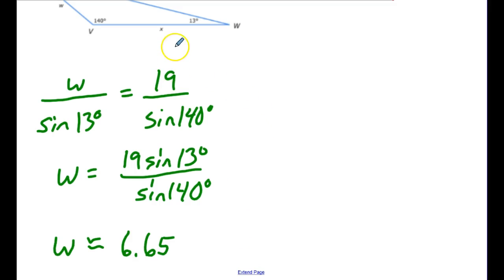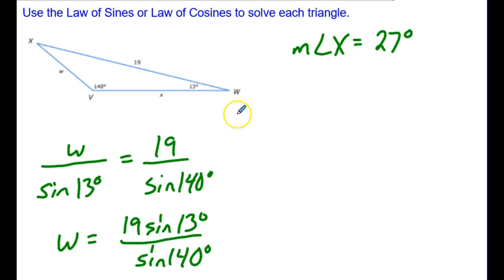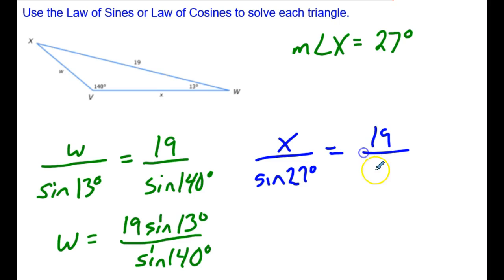Now the only thing we have left to do is to solve for side length X. We can set up a similar proportion. We're looking for X, that's going to go in the numerator, divided by the sine of 27 degrees must be equal to 19 divided by the sine of 140 degrees.